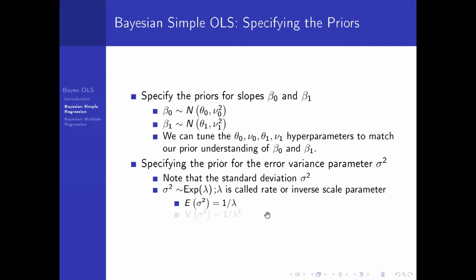But in this case, if we assume sigma square follows an exponential distribution, then the expectation of sigma square is equal to 1 over lambda, and the variance of sigma square is equal to 1 over lambda square.